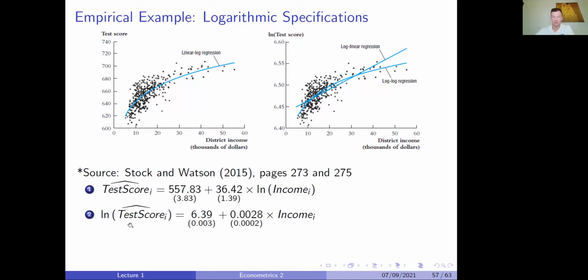In this one, if income changes by $1,000, so by 1, then the test score changes by 0.28%. Why? I need to take this coefficient and multiply by 100. If I have the log-log specification, when income changes by 1%, test score changes by 0.0554%.